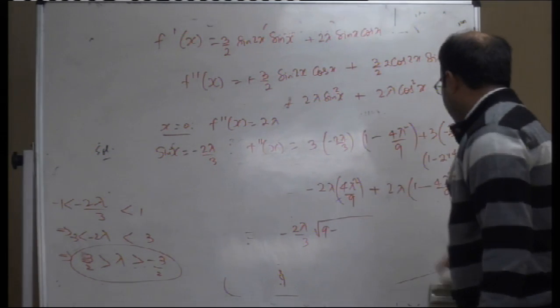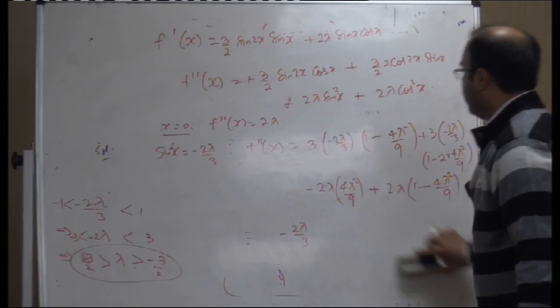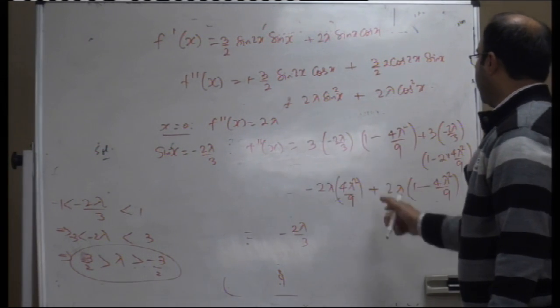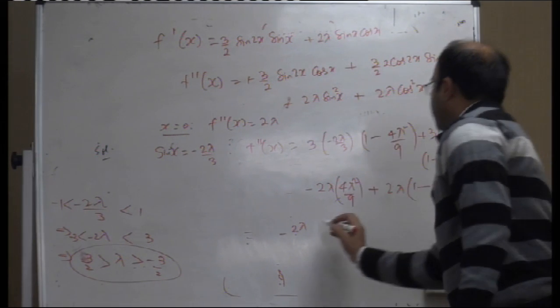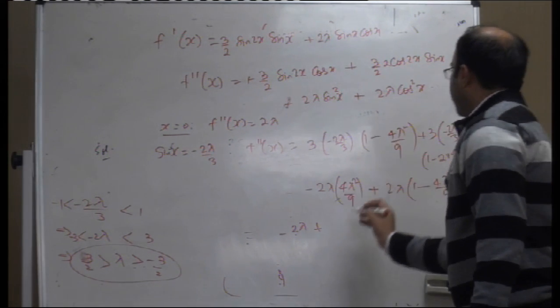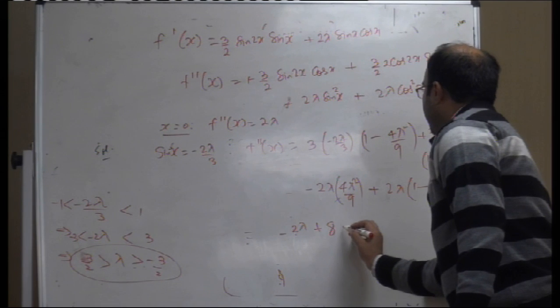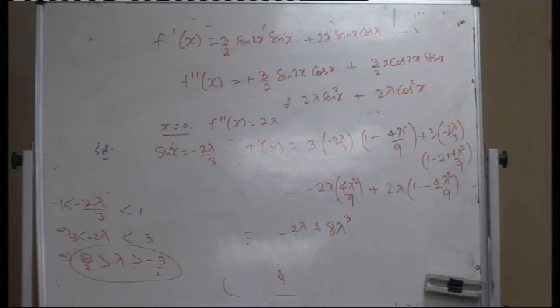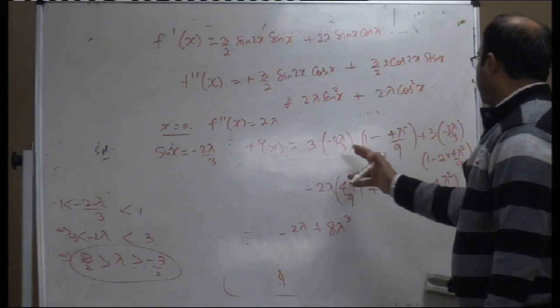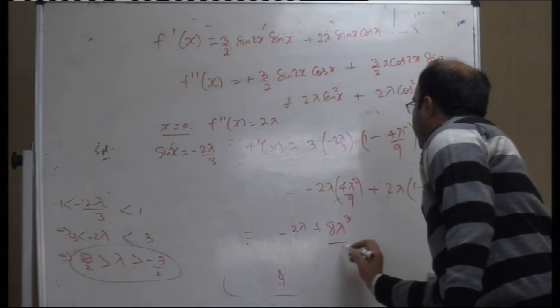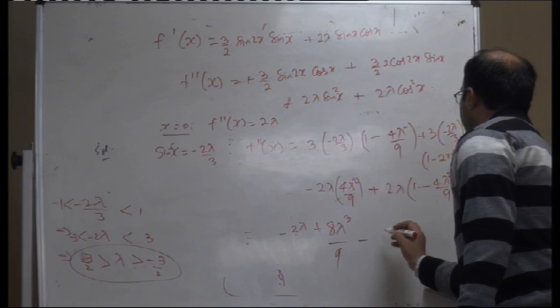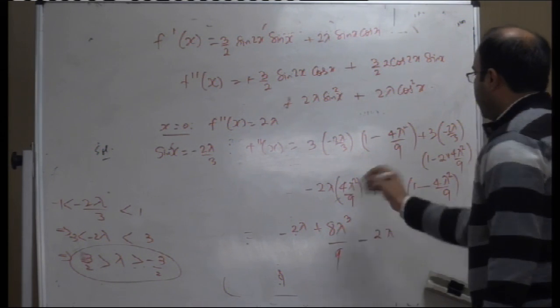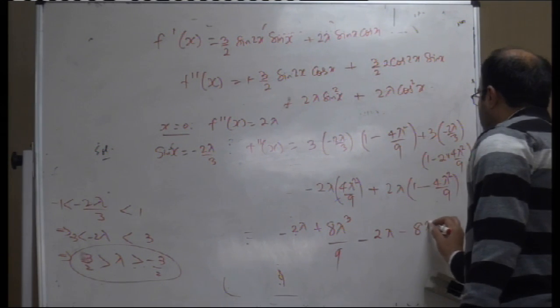So this would become minus 3 cancel, minus 2 lambda and this would become plus 8 lambda cube, and then what you will do next is 8 lambda cube by 9 obviously, minus 3 to 2 lambda and then you can write minus 8 lambda cube by 9 again.